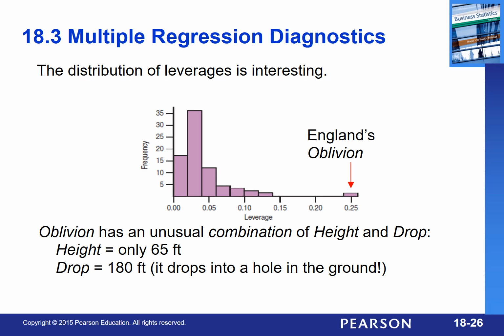Because of that, the drop is so much larger than the height, it makes no sense. In most of these, the drop isn't as tall as the height. So this is one coaster that looks different than everybody else. Of course its leverage value, when you combine those two variables, is very high.